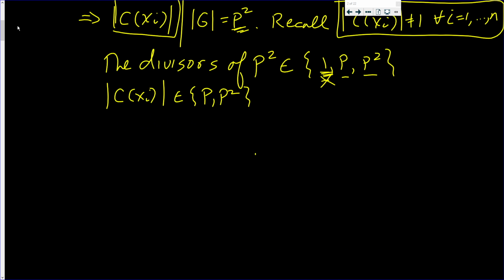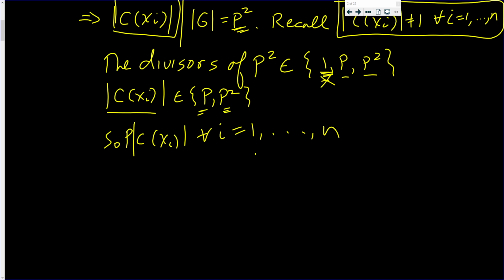So what does that tell us? So p divides the order of the class of C of xi for all i from 1 to n, because the order of any class is either p or p squared. Okay, so what we have is the following.